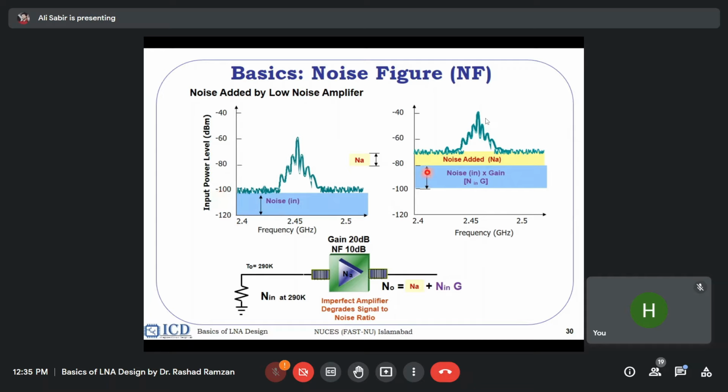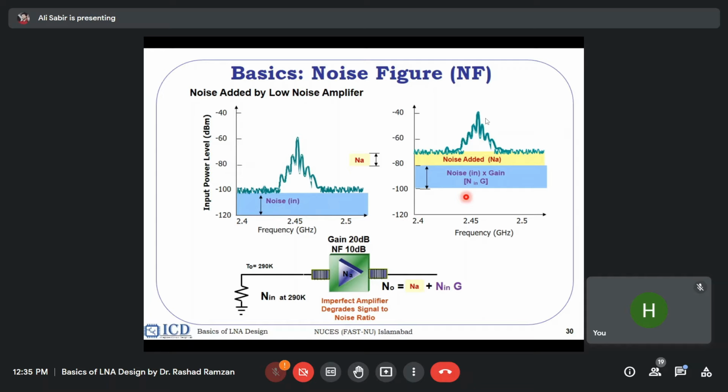This is a 20 dB amplification in noise. And then we have 10 dB of additional noise coming from the LNA itself. So that's the noise figure. And then the signal is amplified from -60 to -40. So this is the overall amplified output.